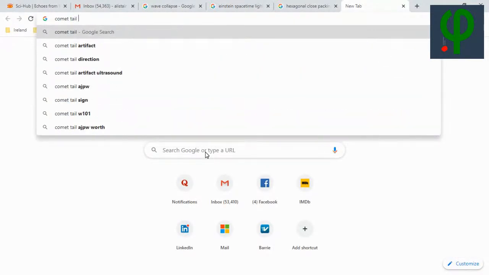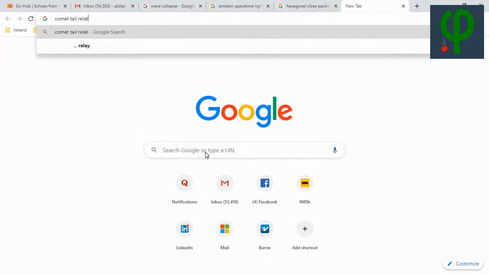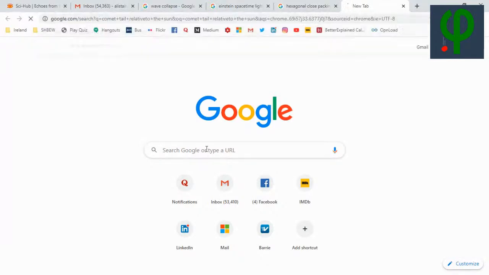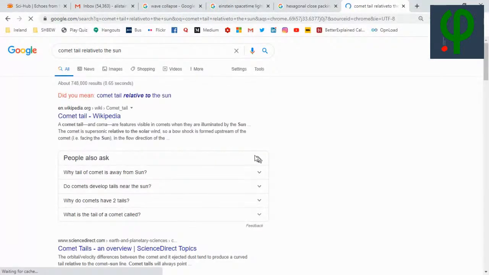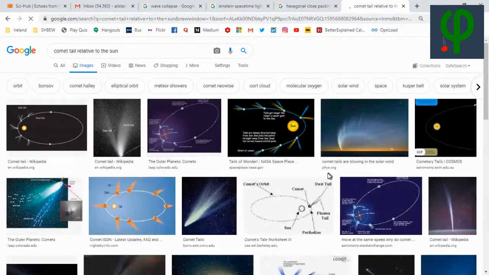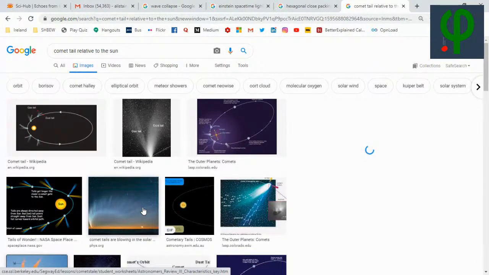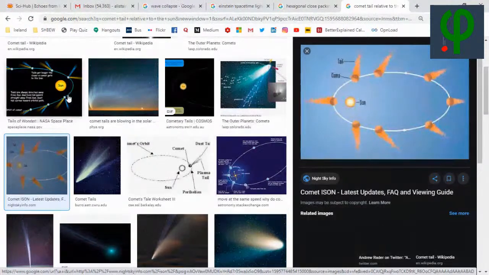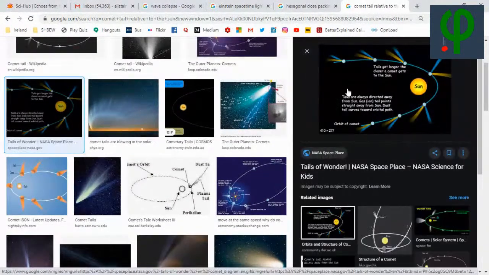Though, if you were thinking about the tail as particles just coming off of the comet, you would think that the tail should always be behind the motion of the comet, but it isn't. It's as if the comet tail is always getting blown away from the sun. Yeah, actually, you're right. I was wrong. Yeah, you've got that picture there.